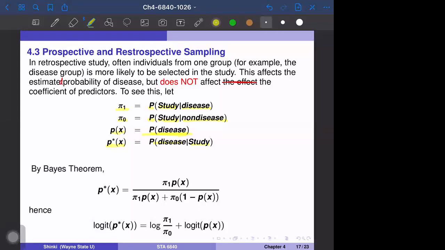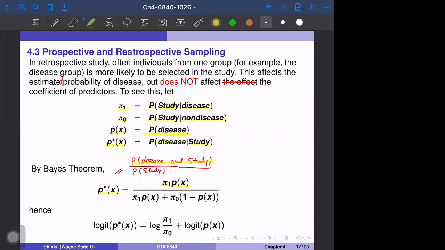Then using Bayes rule, that can be calculated pretty straightforwardly, because P asterisk X has the probability of study as the denominator, and the numerator is the probability of the disease and study. Then further, we decompose this into the probability of disease and the probability of study given disease.